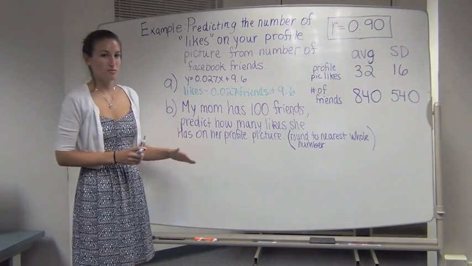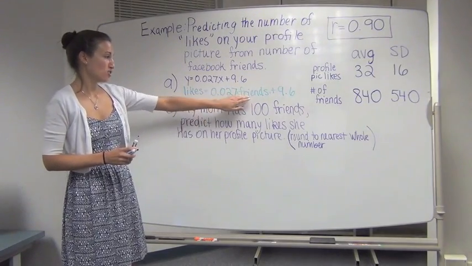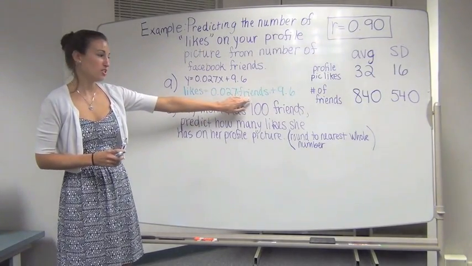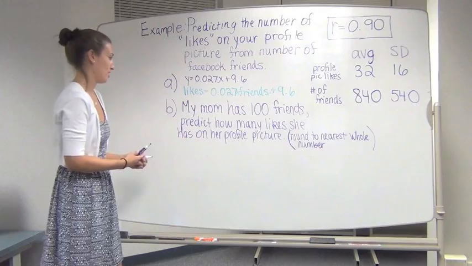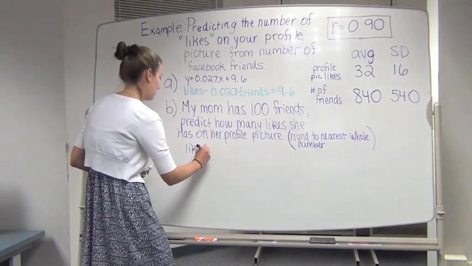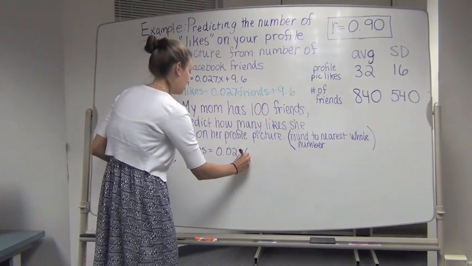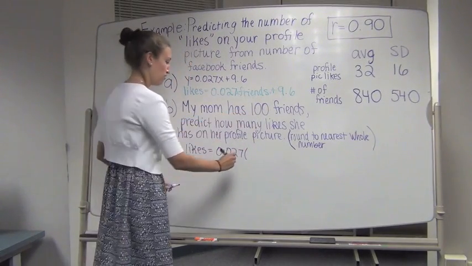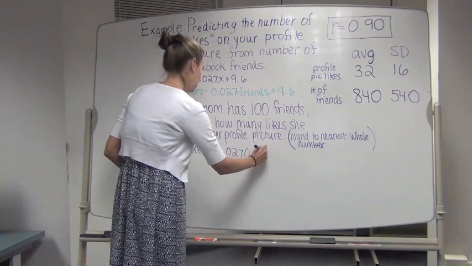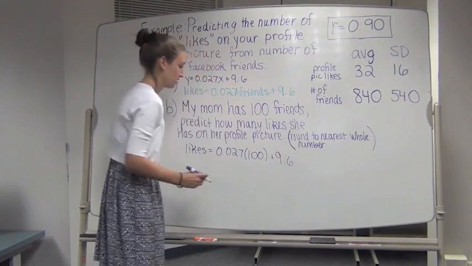So now let's go back to the problem. We know that my mom has 100 friends. So where we see friends in this equation, we're going to plug in 100. So we have likes equals 0.027 times friends. Again, we have 100 friends here, plus our Y-intercept of 9.6.